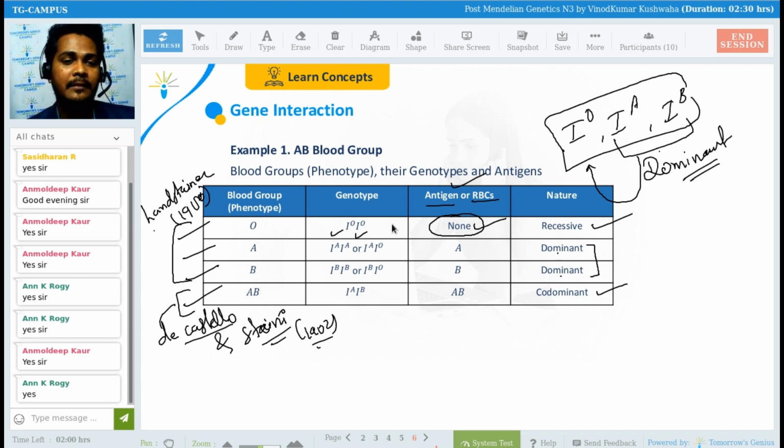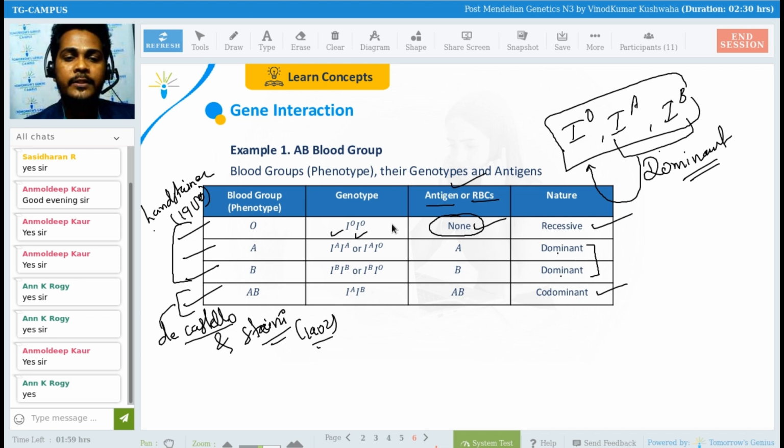Capital I is used to designate the alleles derived from the isoagglutinogen gene, or the letter L for Landsteiner. I stands for isoagglutinogen, and that's why it is represented by capital I. So you should know why there is a capital I: because of the isoagglutinogen gene.